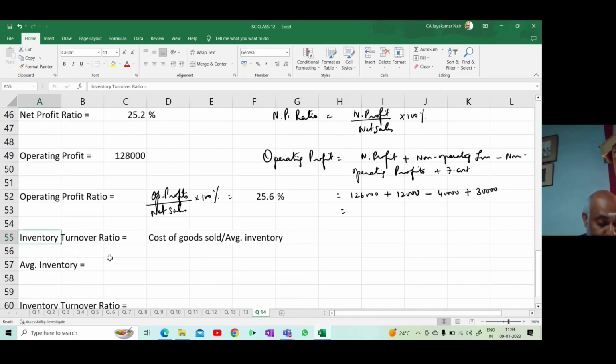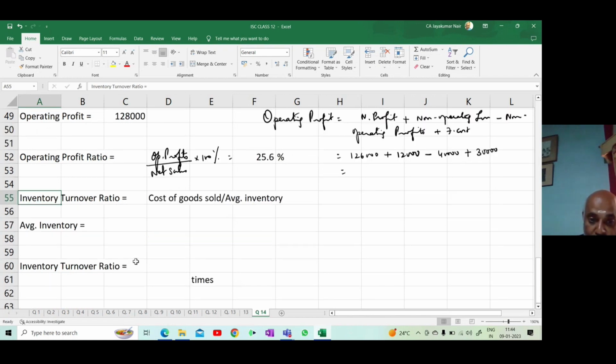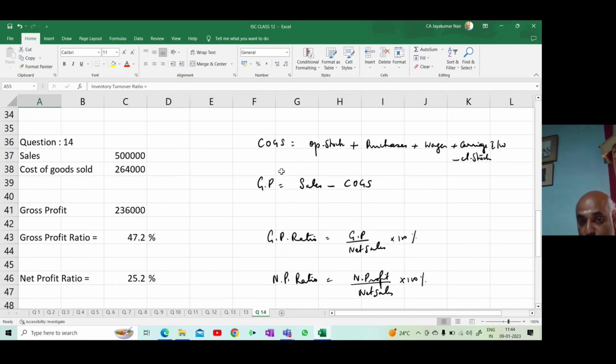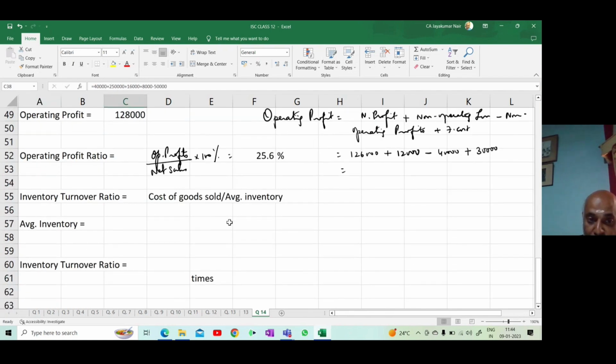Okay, next one, the last one, inventory turnover ratio. What is inventory turnover ratio? Cost of goods sold divided by average inventory. So cost of goods sold, we already got it here. Cost of goods sold is 2,64,000. We have already calculated. What is average inventory?